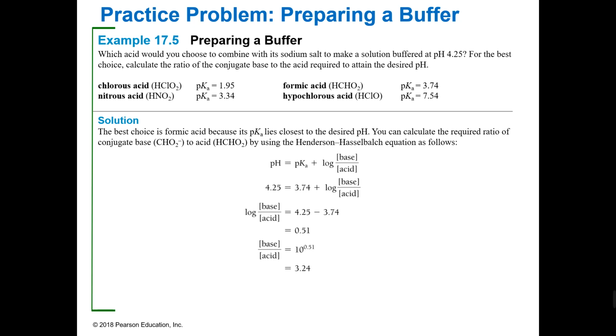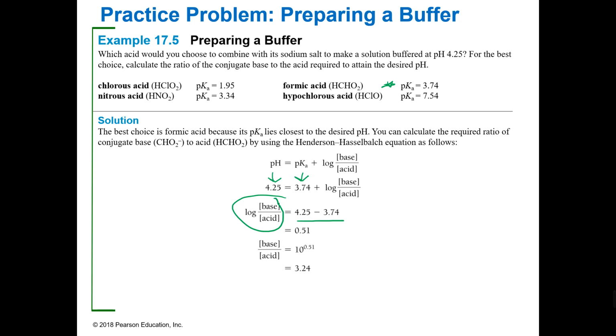So if you were to go ahead and say, okay, they just started with formic acid. So you're told the pKa, they plugged it in. You know your target pH is 4.25 simply because they gave that to you. And you know you want this whole term to be equal to whatever this algebraically turns out to be.